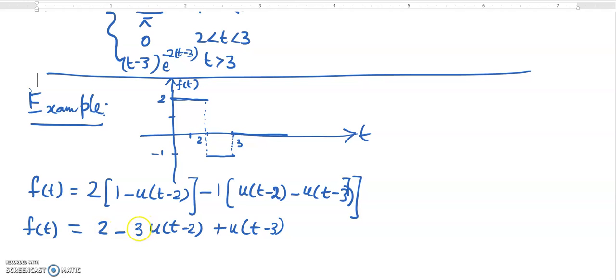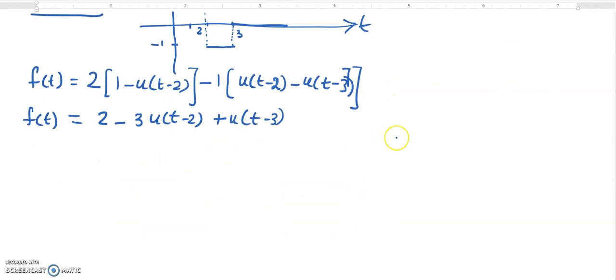So 2 minus 3 is -1. And for any value of t greater than 3, both are 1. So 2 minus 3 times 1 is -1, and then plus 1, that is 2 minus 3 plus 1, which will be equal to 0. So we have verified that this representation of this function works.